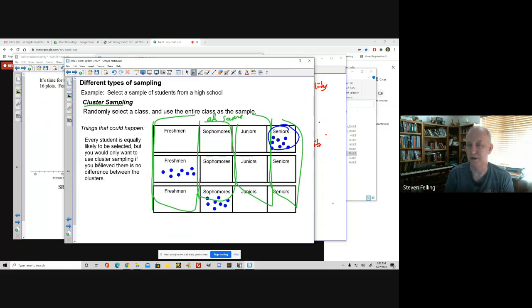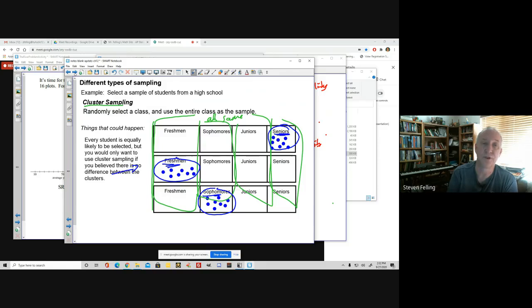And then maybe in a different sample, it would have been all the freshmen or maybe all the sophomores. So in this case, we would never get any sample that has a mixture of grades. It would be all one grade. Randomly selected which grade, but it'd be all that grade.